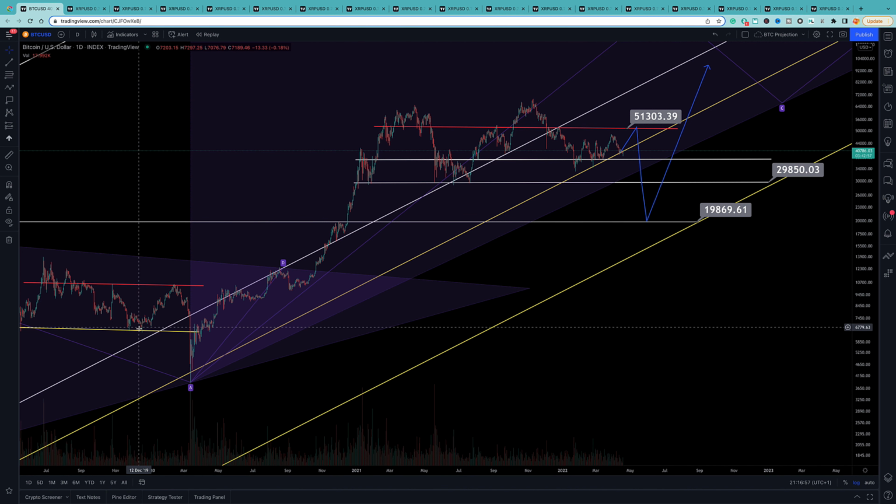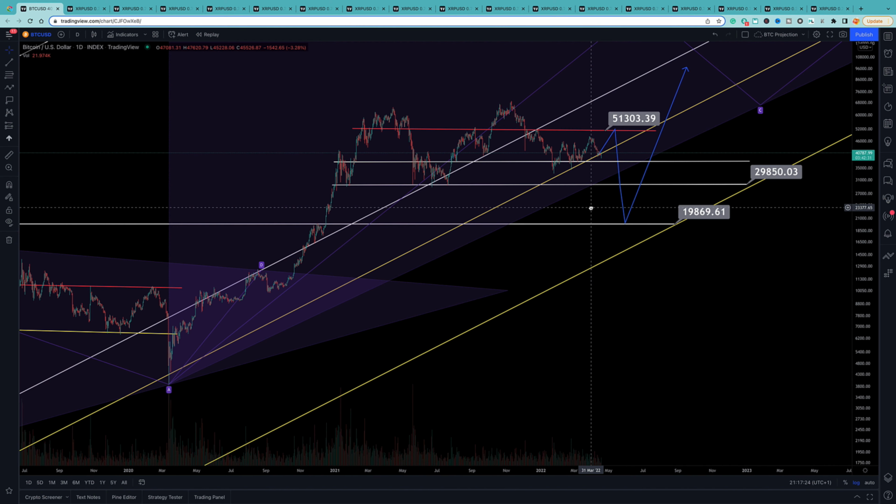You can see 1, 2, 3, and look, this one lands short, and the previous one does as well. 1, 2. Now the challenge is this 3 where it lands short, and then it goes up one last time before it comes down, or is it 1, 2, 3, and then it comes up one last time before it comes down?